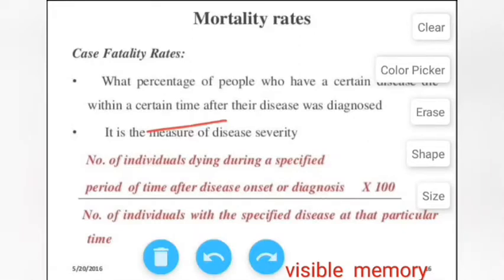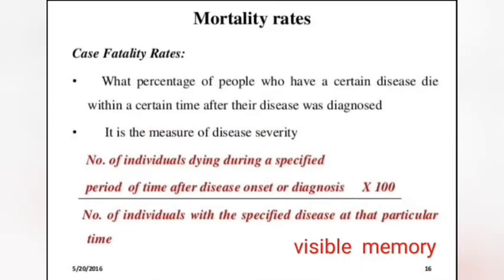So now we will take some other cause specific death rate, like case fatality rate. In cause specific death rate, we compared the number of deaths due to a specific disease with the whole population. But in case fatality rate, we compare the number of deaths with the number of all the patients who are diagnosed with that specific disease.